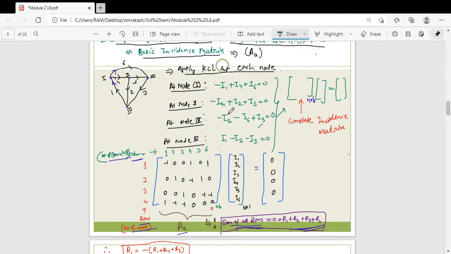Now with the help of these equations you have to write this matrix. According to the direction of current you have to set +1 and -1. Once you write this, what will you call it? This is the complete incidence matrix.